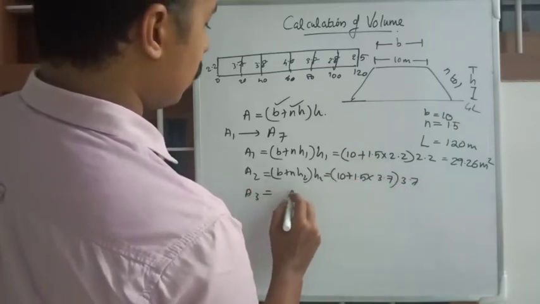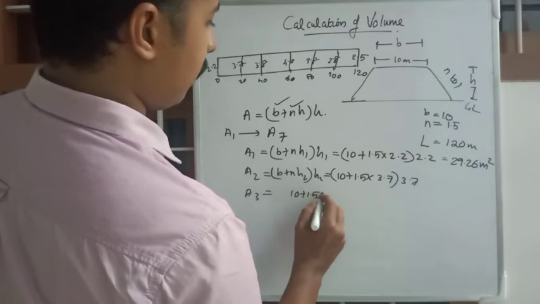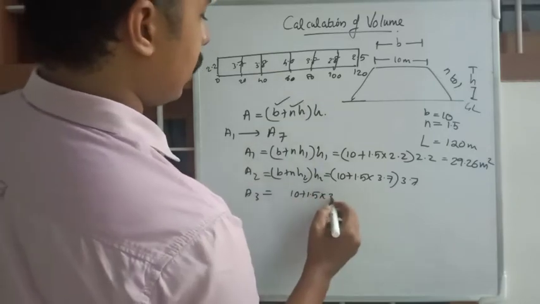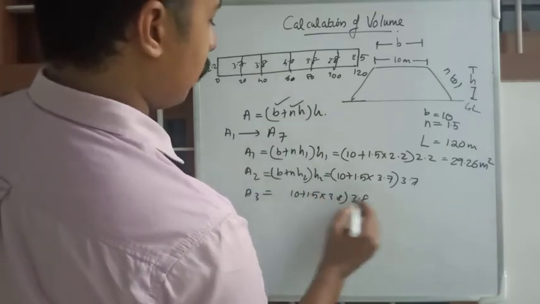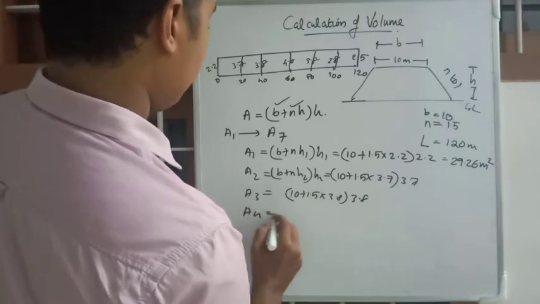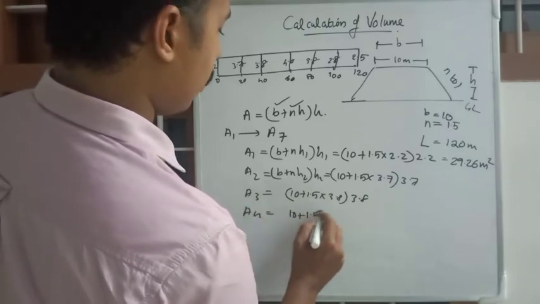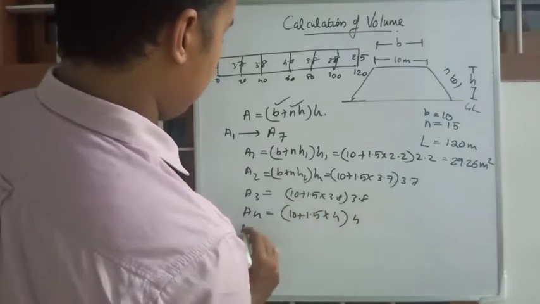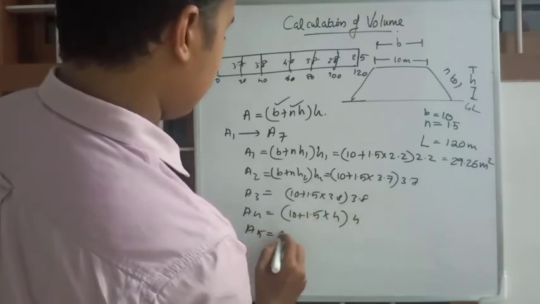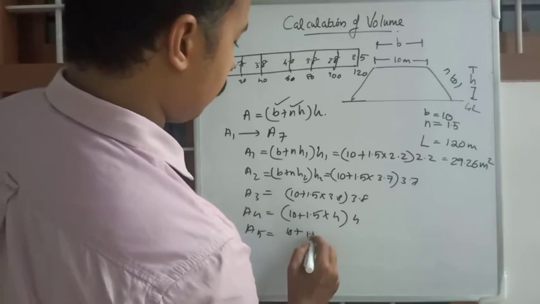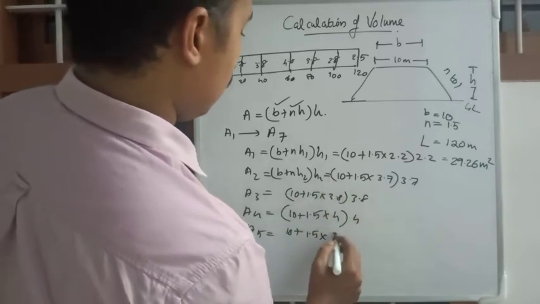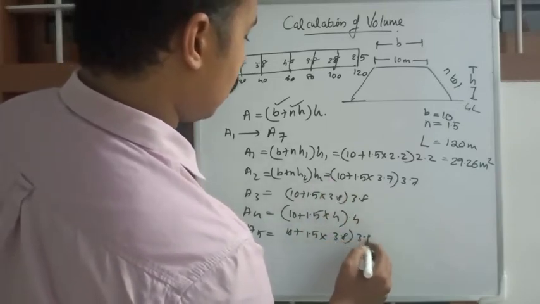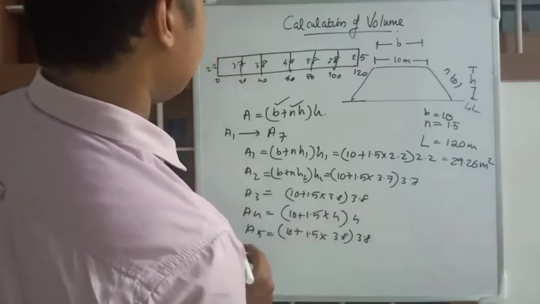A3 is 10 plus 1.5 into 3.8 into 3.8. A4 is 10 plus 1.5 into 4 into 4. A5 is 10 plus 1.5 into 3.8 into 3.8, same as A3.